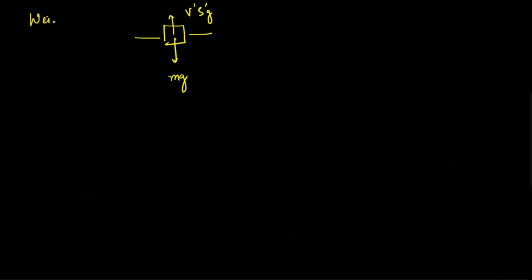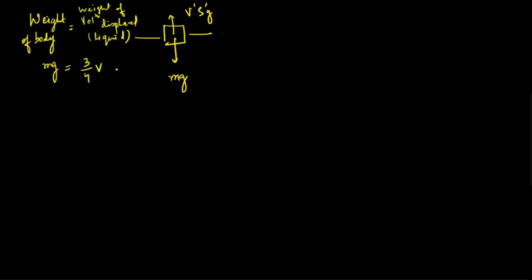So the weight of the body must be equal to the weight of liquid displaced. So mg must be equal to 3 by 4 V 10 to the power 3 times g.